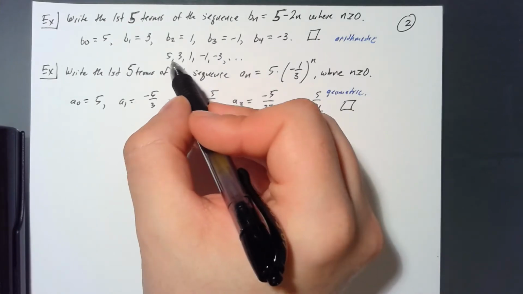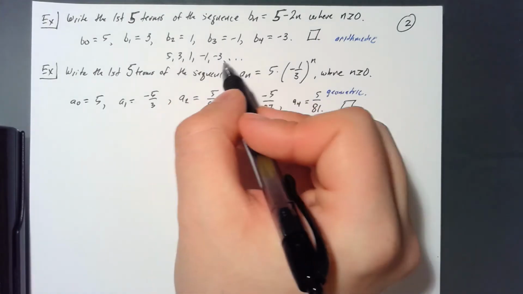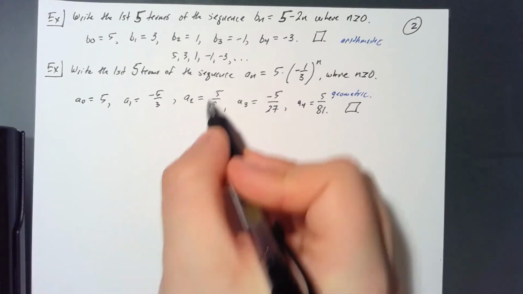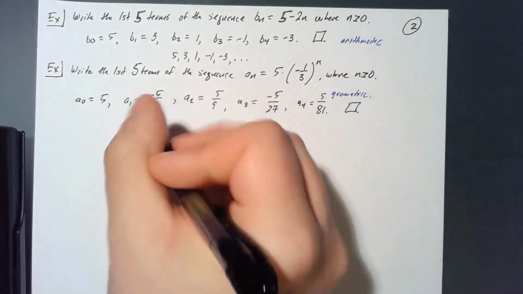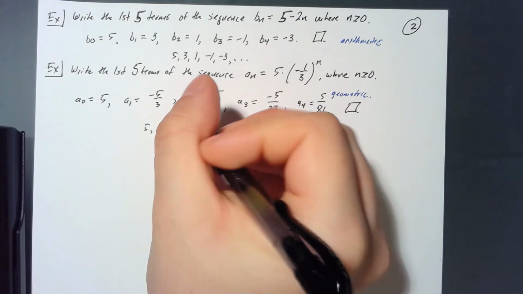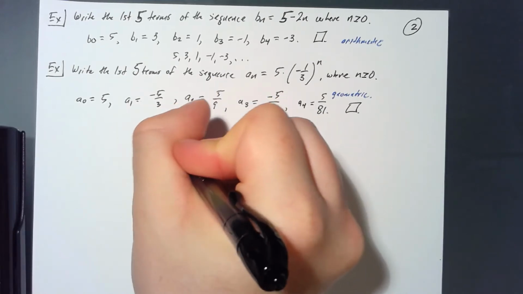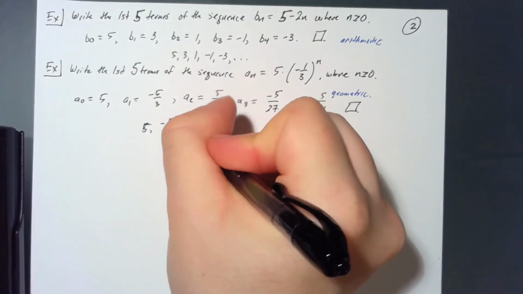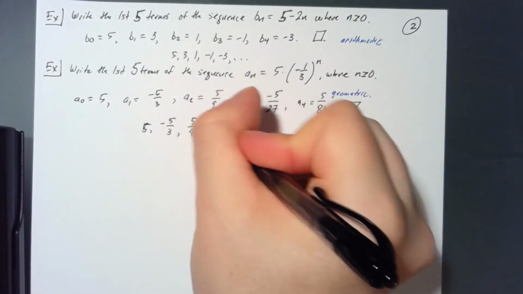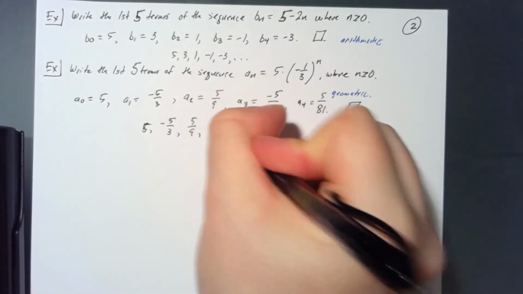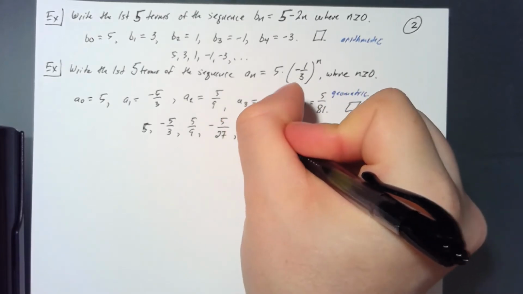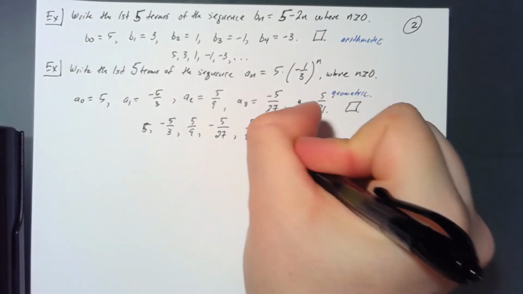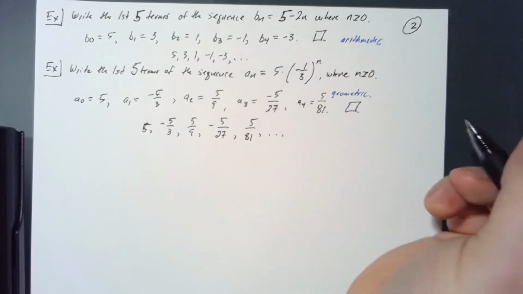these are just the first 5 terms of a sequence, but this sequence keeps on going. So for this one, 5, comma, negative 5/3, comma, 5/9, comma, negative 5 over 27, comma, 5 over 81, comma, dot, dot, dot.